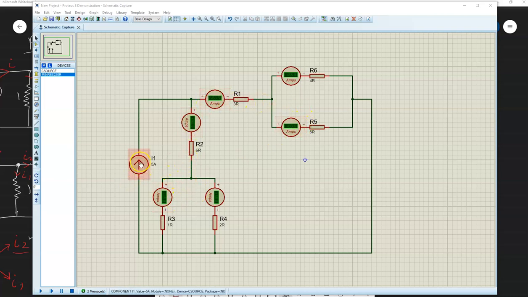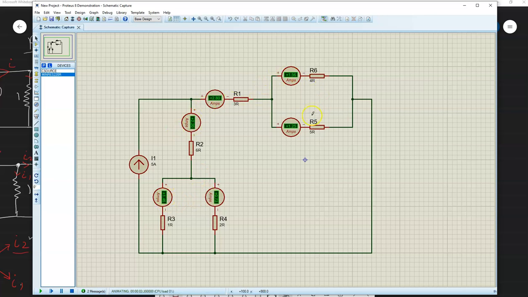I got the 5 amps as a current source, a 6 ohm resistor here. I just took all these resistors at random: 1 ohm, 2 ohm, and 3 ohms here.